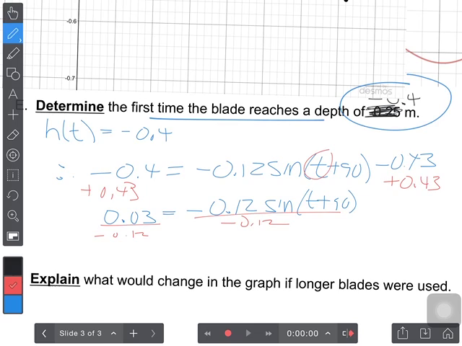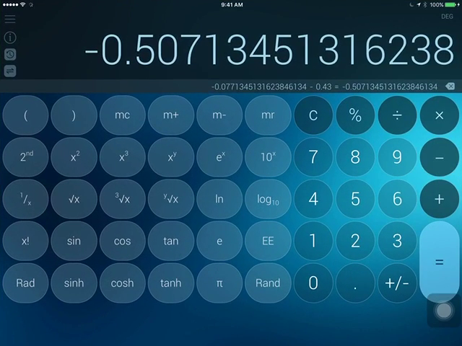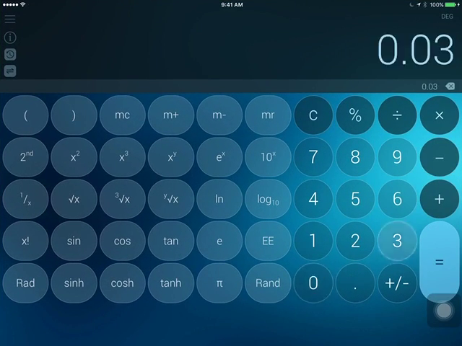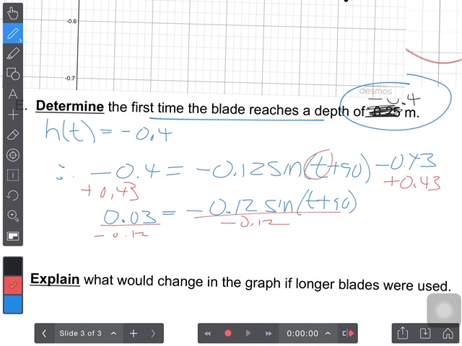I'm going to need my calculator for that. So 0.03 divided by negative 0.12, and I get negative 0.25. So negative 0.25 equals sine of t plus 90.